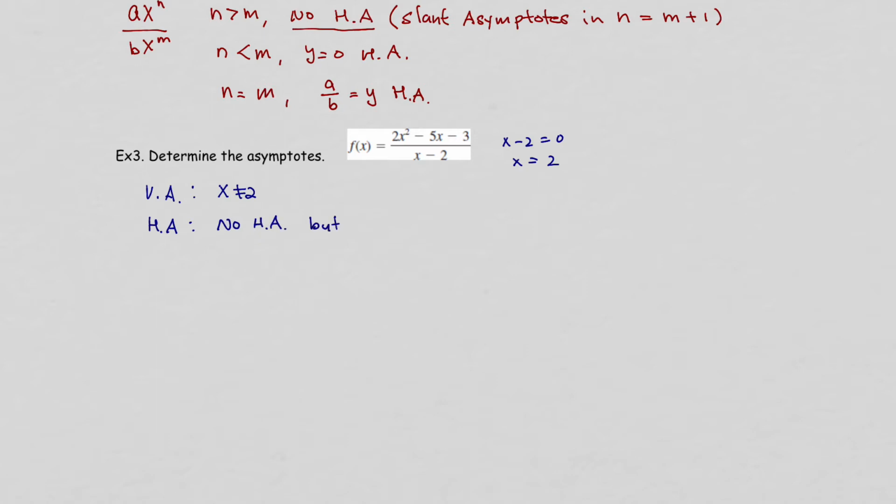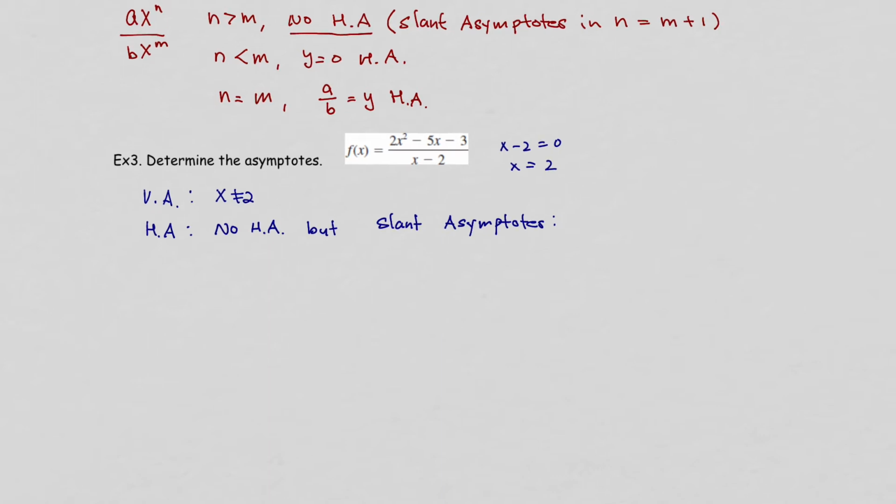But because it's 1 degree different, there will be a slant asymptote. And how do we find that slant asymptote? That slant asymptote will be basically dividing these two to find that linear. That linear will become your slant asymptote.